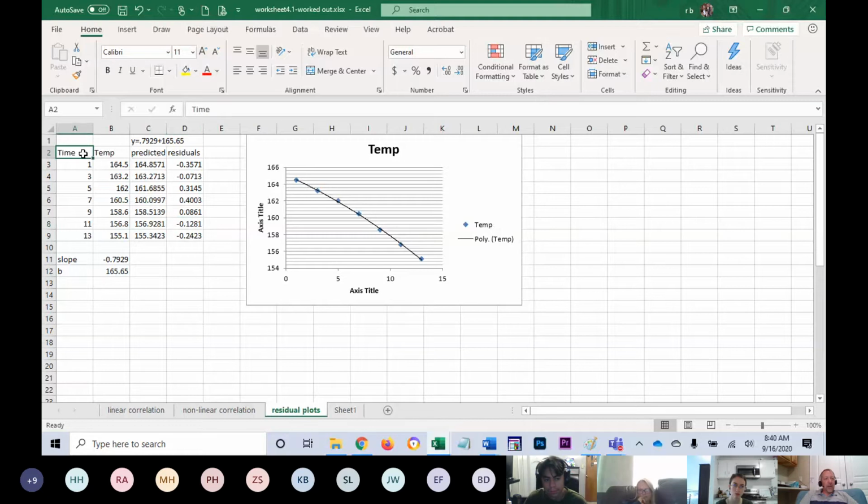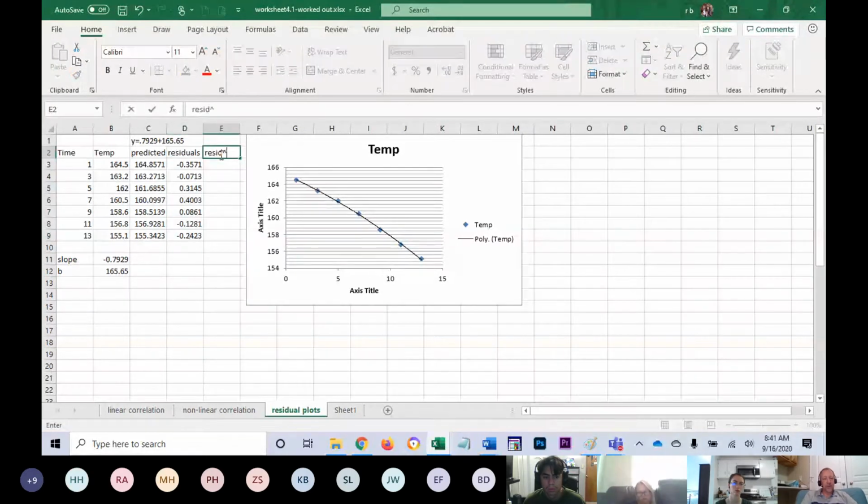So if I were to plot these as a scatter plot, you can see here this looks like it's a straight line. This is the regression equation that we would use, and so if I compare the temperature to the predicted value, I'm going to have a very nice looking residual here. These are all really small residuals. These are all very close to zero.